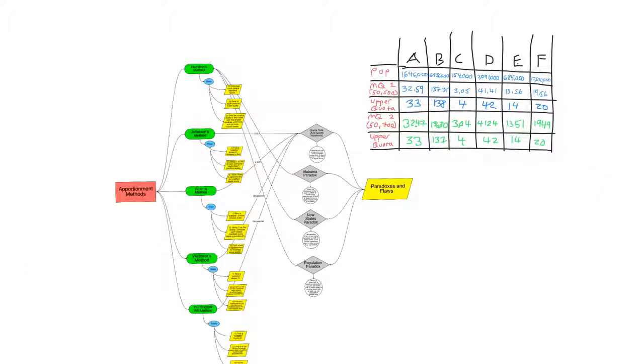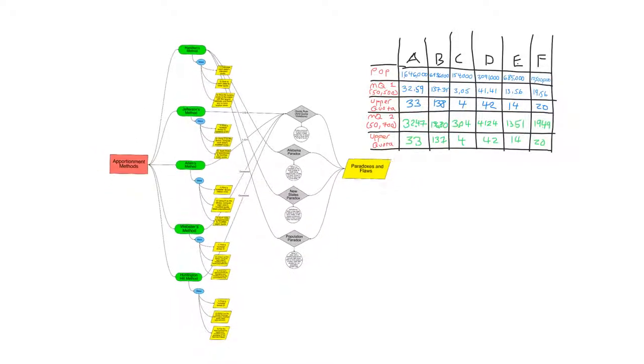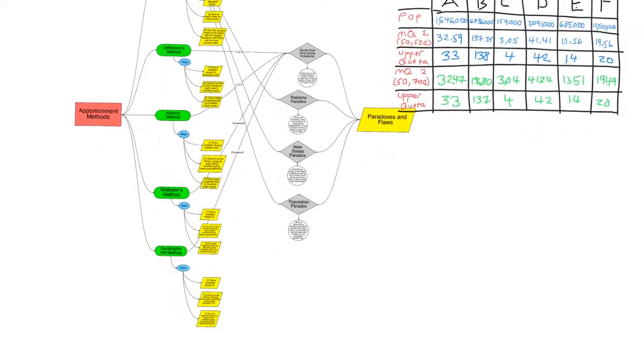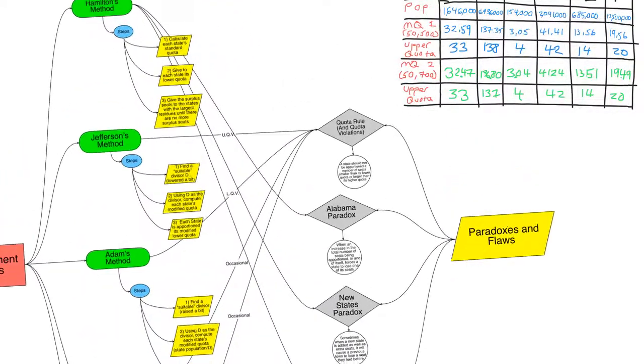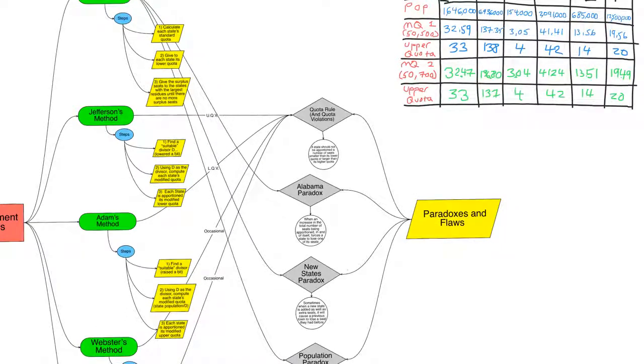So let's take a look at some of the flaws that can occur if we're using the Adams method. According to the flowchart, as you can see, it looks like we could have a lower quota violation. Okay, so that's one of the things, unfortunately, that could happen with the Adams method. All right, so in other words, let's say that you have a modified quota of 32.7.